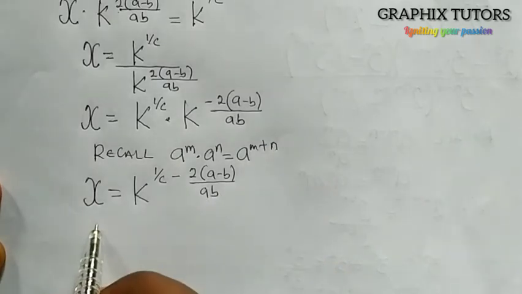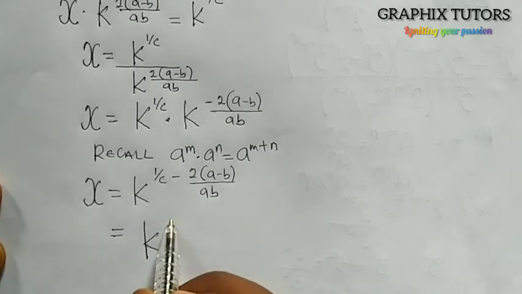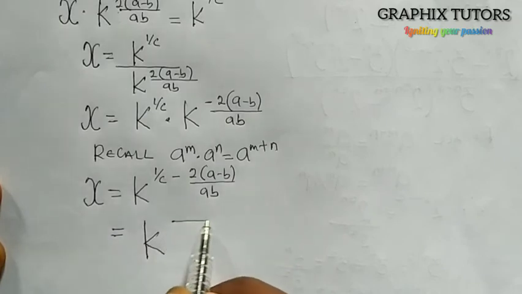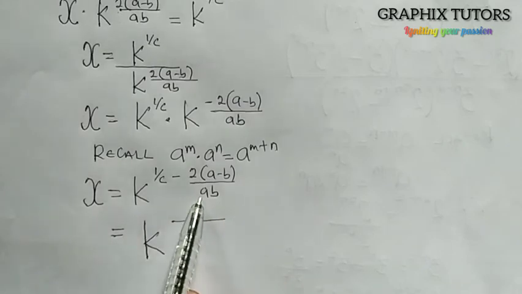Now this will give me k, let me make it bigger, equals, the LCM here will be abc. That will be my LCM there, because I have ab here and I have c, so it will be abc.